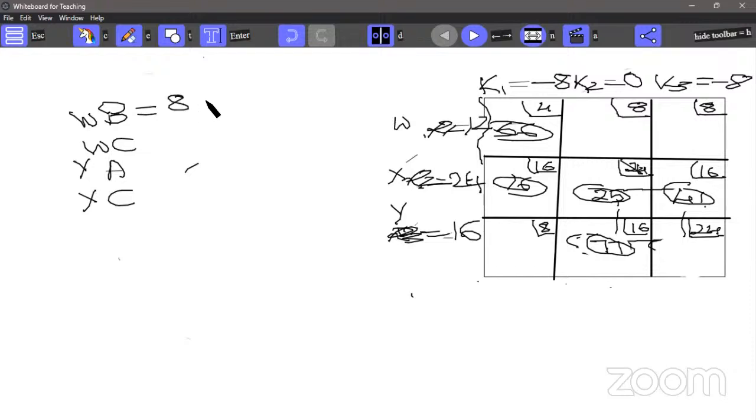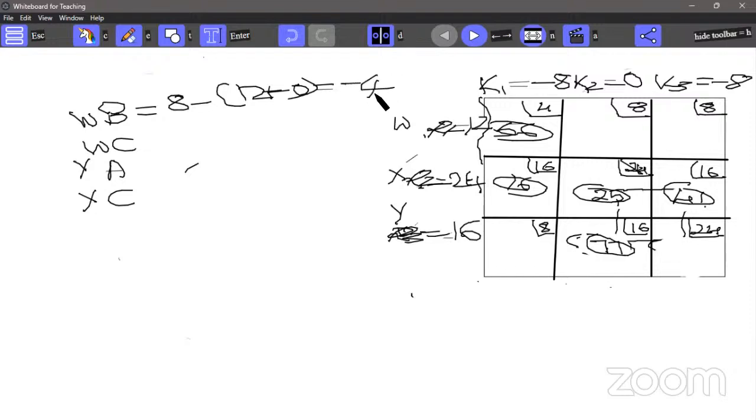Cost minus row index number 12 plus 0, isn't it? How much is the improvement index? -4.